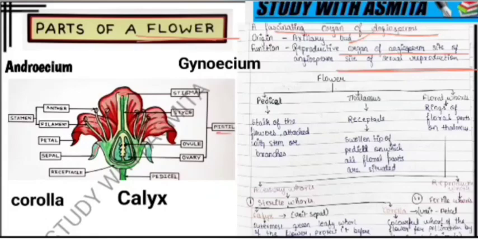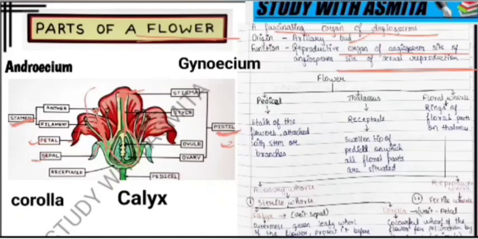If we talk about the pistil or the carpel, it is the female part of a plant which consists of stigma, style and ovary. The stamen is the male part of a plant which consists of anther and a filament. Other than these reproductive parts, there are accessory parts. The petal is a colorful part which helps in attracting insects for pollination.